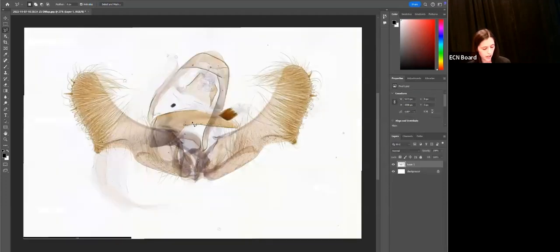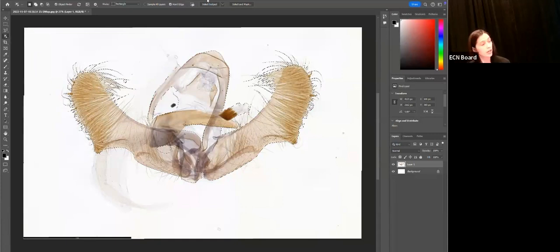All right, so in here, I start with a white background layer and create another layer with the stacked genitalia image. Layers just allow you to separate components in an image and then work on them separately. So in this case, I'm simply creating a white background layer overlaid by the genitalia layer. And once I have these two layers, I use the object selection tool to obtain a rough selection of the genitalia itself.